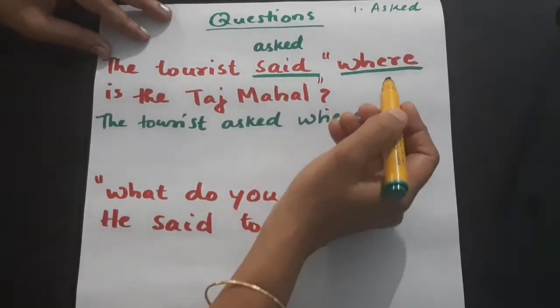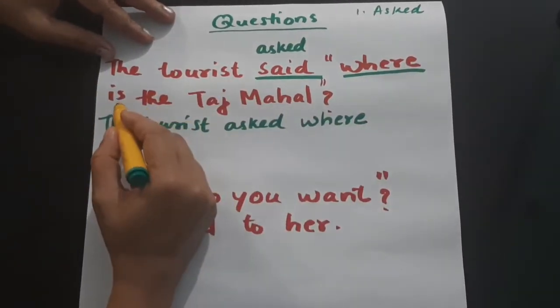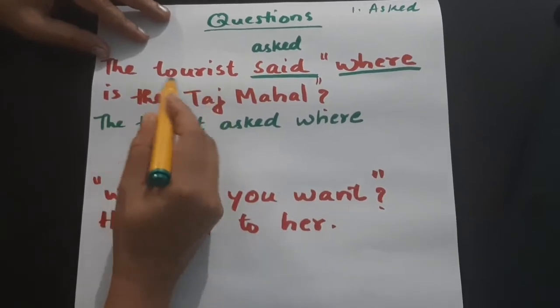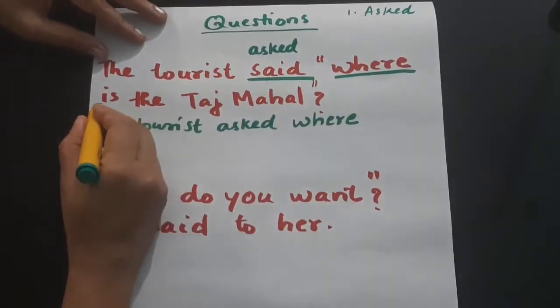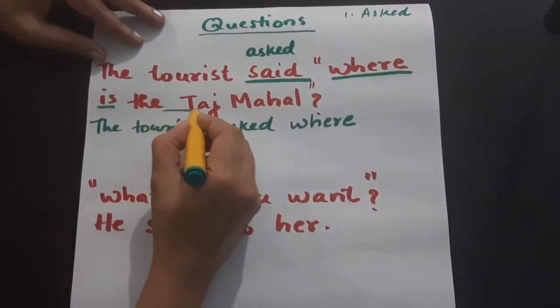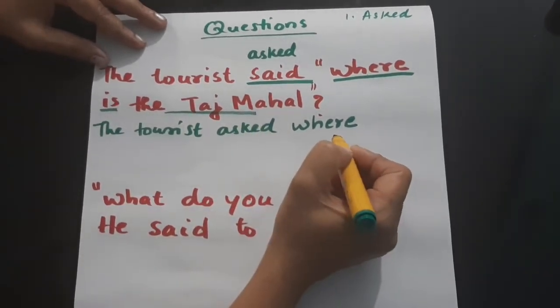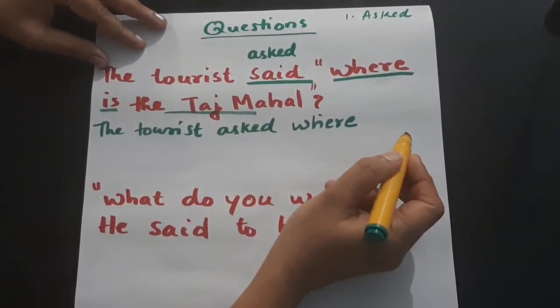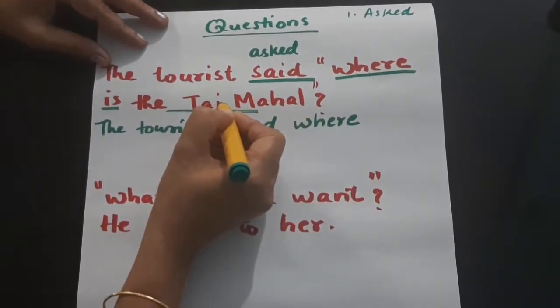So here you should just reverse the auxiliary and subject. How do you know? See, here you have the auxiliary verb first, then you have the subject. But when you convert this into indirect speech, you have to use the subject first.